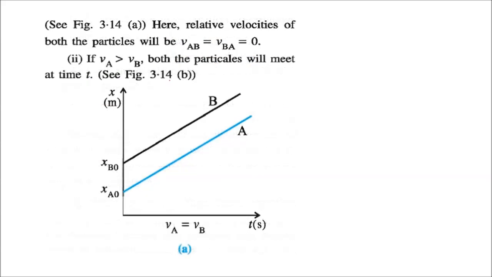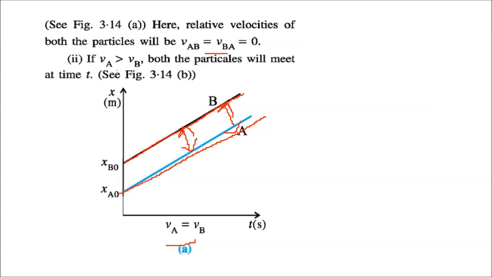This is moving with the same velocity, this is moving with the same velocity, so this distance will remain the same everywhere. So the relative velocity of both particles will always be 0, VBA equal to 0, because they are moving with similar velocity.